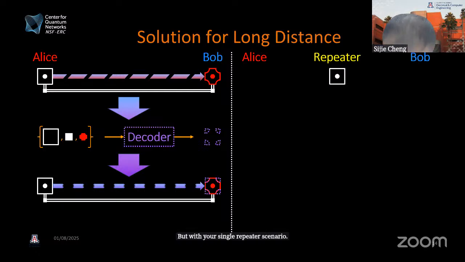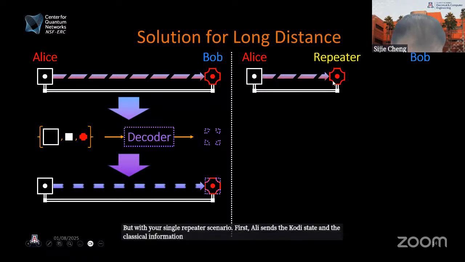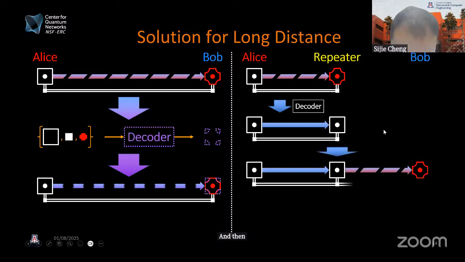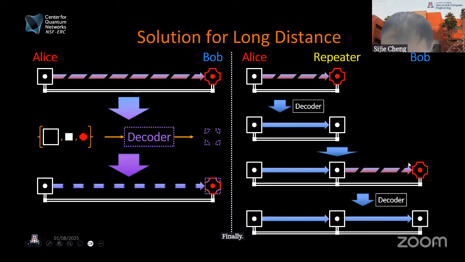First, Alice sends the coded state and the classical information to the repeater, which can use a decoder to estimate error and correct it. And then the repeater forwards the corrected coded state and classical information to Bob. Finally, Bob can use his decoder to estimate error and correct it again, successfully transferring the coded state from Alice to Bob.